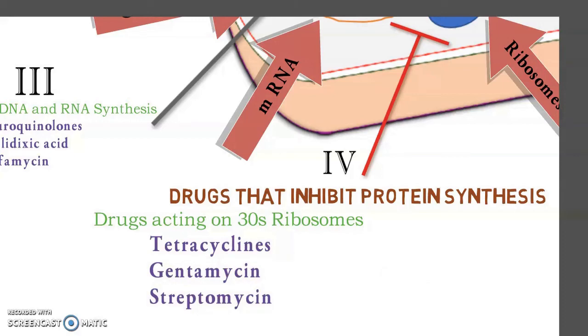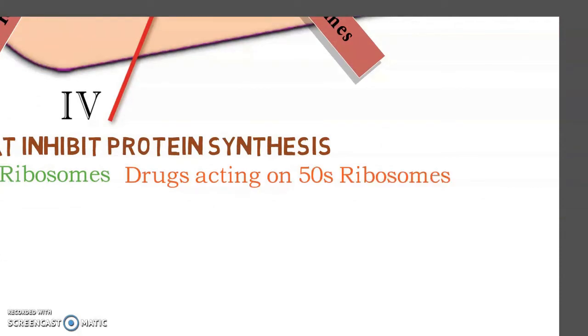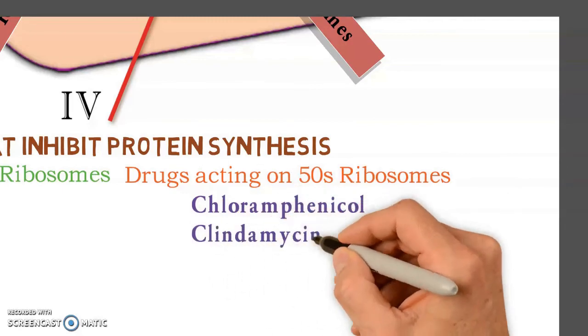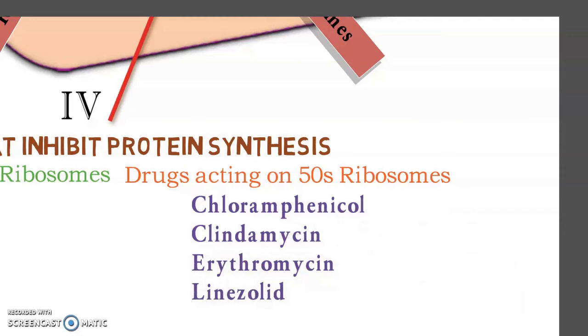Gentamicin and streptomycin belong to aminoglycosides. The next subcategory includes drugs acting on 50S ribosomes, such as chloramphenicol, clindamycin, erythromycin, and linezolid. Clindamycin and erythromycin are classified under macrolide antibiotics.